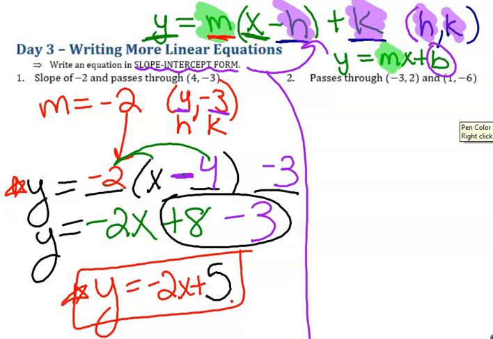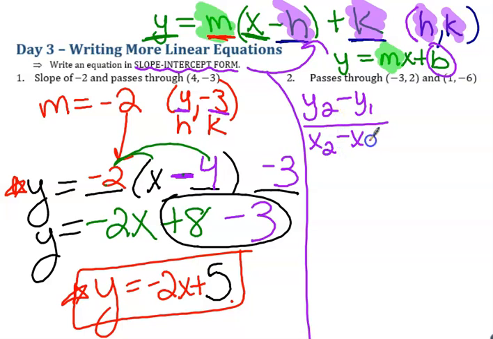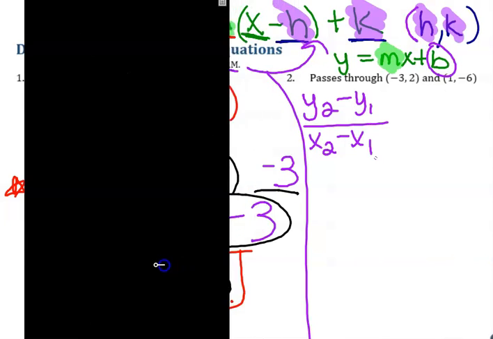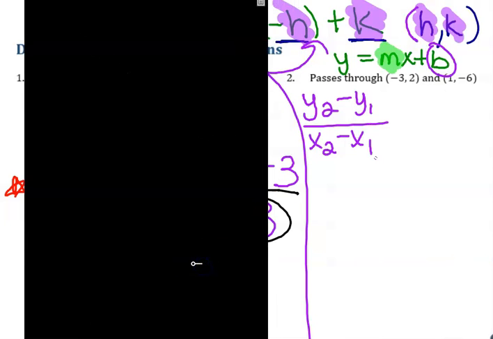All right, number 2, I'm passing through these 2 points. Oops, I do not have the slope. So I need to find the slope using slope formula. Let's just look at this section so then we can focus. All right, so I'm going to label x1, y1, x2, y2.